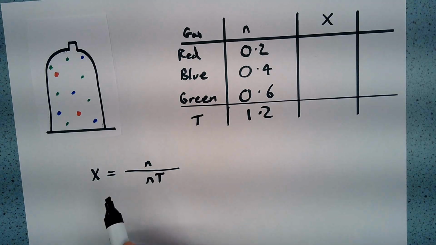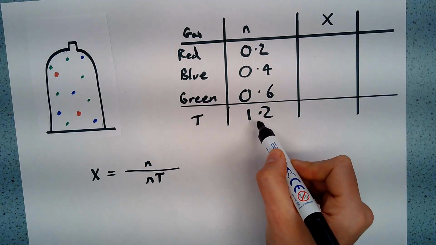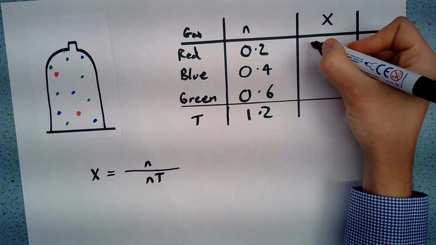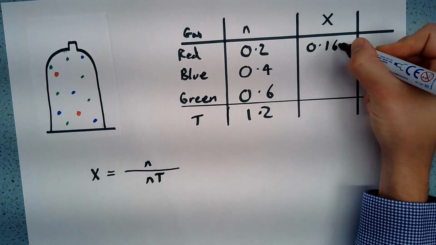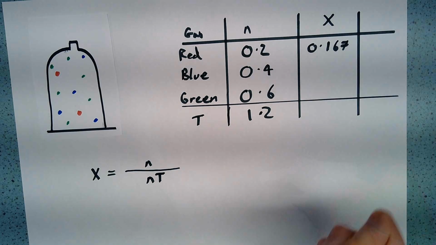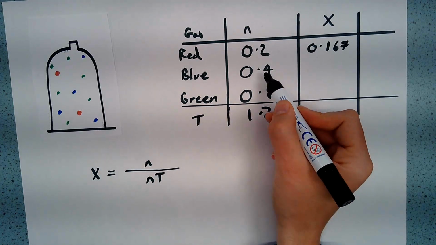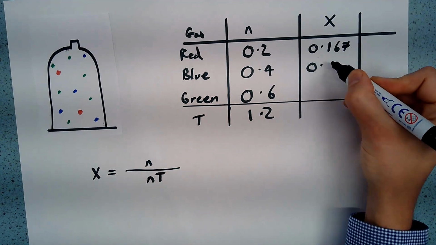Okay. So if we take the mole fraction of red, 0.2 divided by 1.2, that would give us a mole fraction of 0.167. And then if I do the same for blue, 0.4 divided by 1.2, that would give us 0.3.